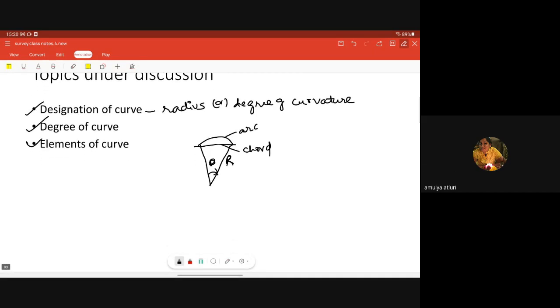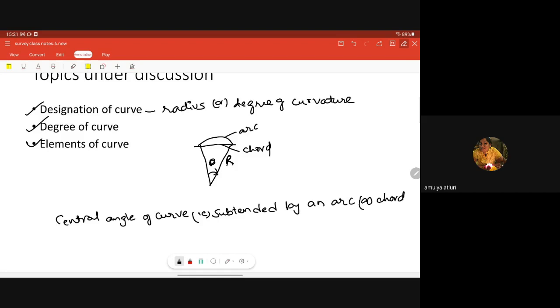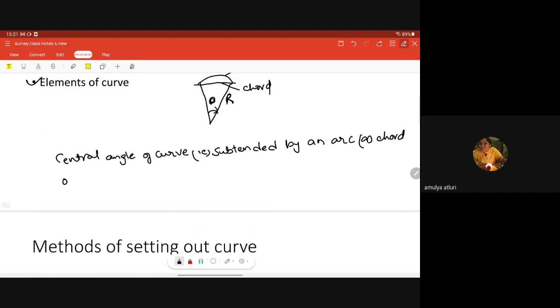So degree of curve is the central angle of the curve that is subtended by an arc or chord of fixed length.